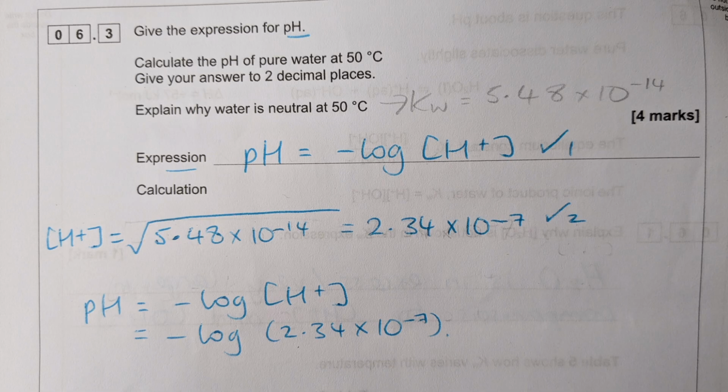The first part of this next question is asking us for the expression for pH. And this is always minus log of the concentration of hydrogen ions. The next part of the question wants us to calculate the pH of pure water at 50 degrees. And to do this, we'll need the Kw value for 50 degrees from the previous table, which was 5.48 times 10 to the minus 14.